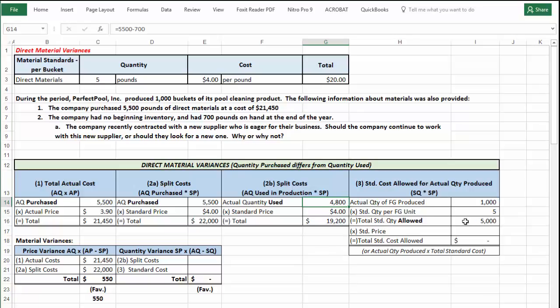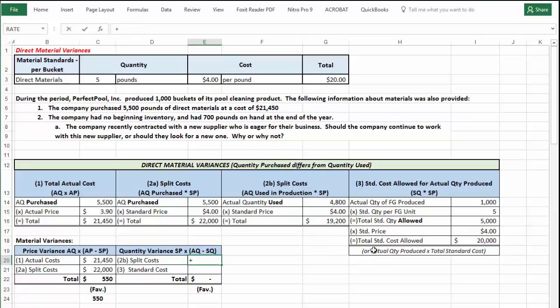It looks to me as though our variance is going to be favorable. Let's state that in terms of the standard price of $4 a pound. The total standard cost allowed was $20,000, but the total cost of the actual quantity used at the standard price was $19,200. So indeed we have a favorable variance.